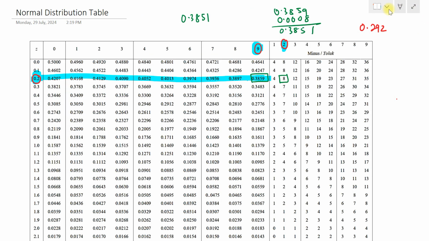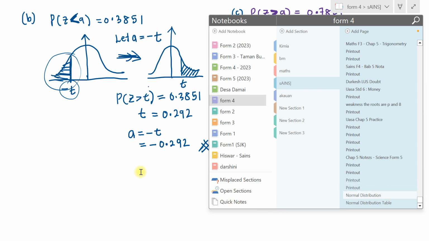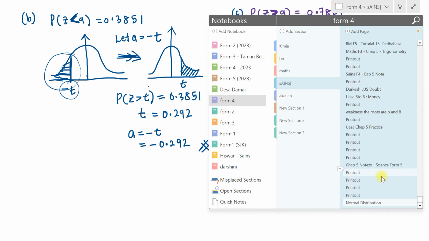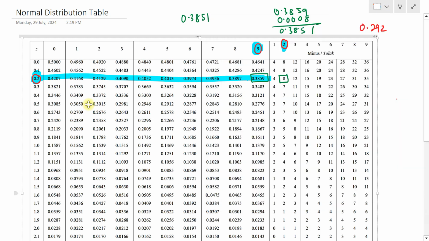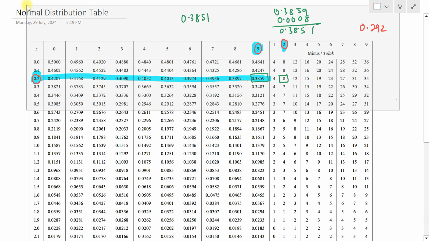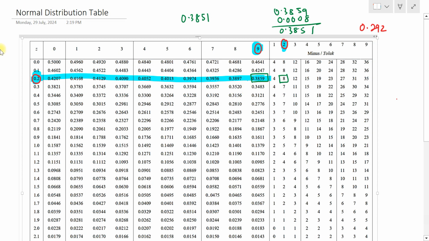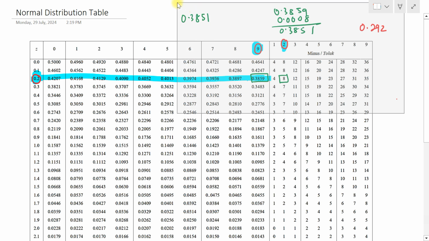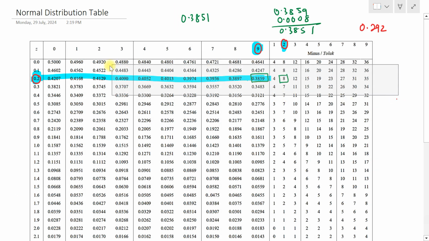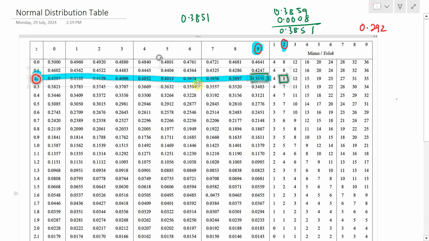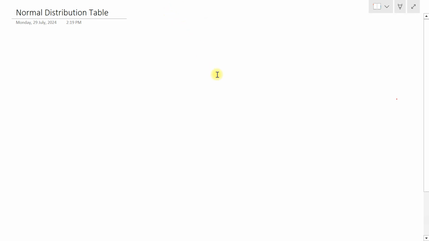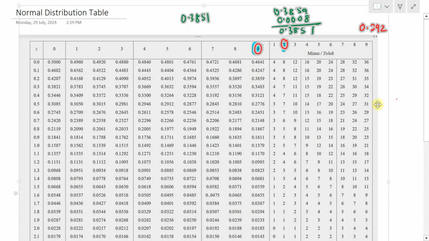Wait, 0. What? 2149. Okay, forget it. 0.2149. Let me erase all this. Can I erase? One shot gone.